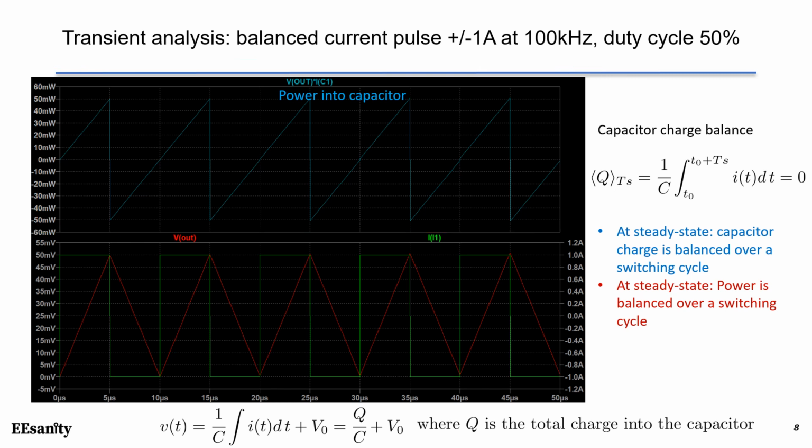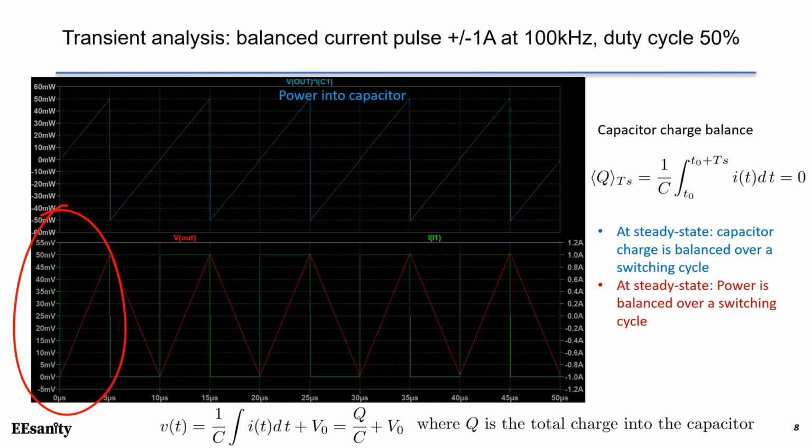Look at the second plot. We have the capacitor current in green. This is the current from the current pulse I1. It's changing from 1 amp to -1 amp with 50% duty cycle. The capacitor voltage is in red. When the capacitor current is positive, the voltage rises, reaching the peak at 50 millivolt.